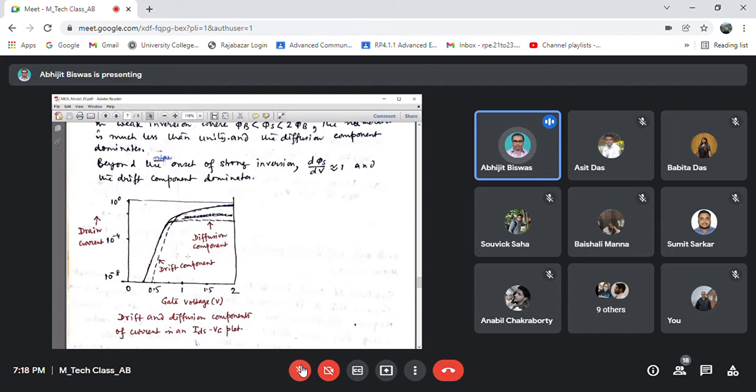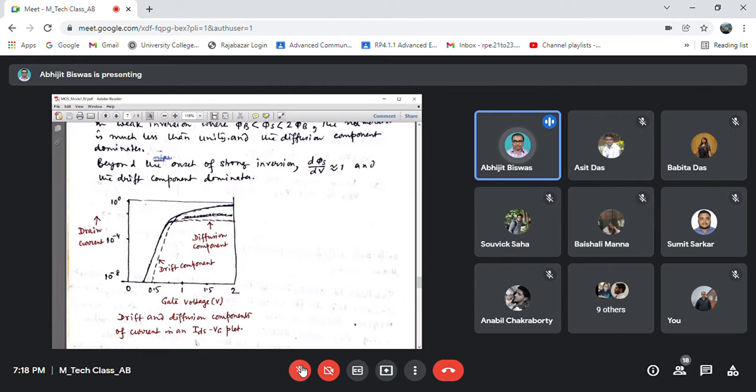If we draw a vertical line around say 0.5 volt, the drift component is very low and the total current is high. It is in the log scale. So the total current is contributed by the diffusion component of current.